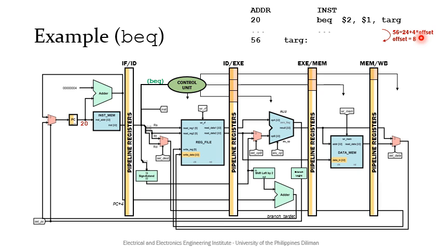If we inspect how this is executed, the PC must start with a value of 20 to fetch the branch instruction until it is decoded in the second clock cycle. Contents of R1 and R2 are fetched for comparison in the third clock cycle through the ALU using a subtraction operation.